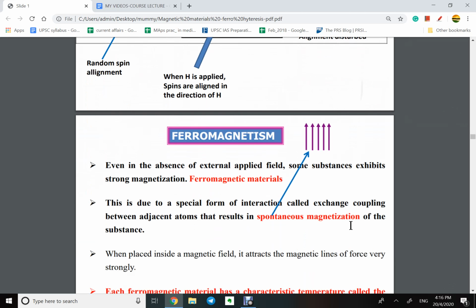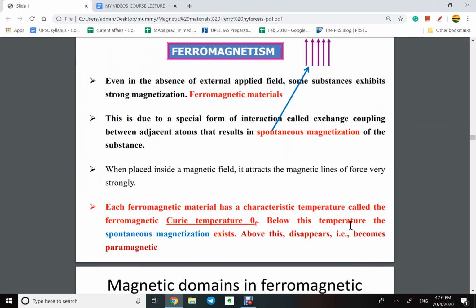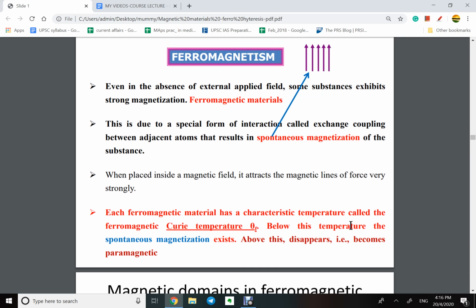Next, we'll see ferromagnetism. Among the magnetic materials, ferromagnetism is one of the important ones because it has a special feature known as spontaneous magnetization.